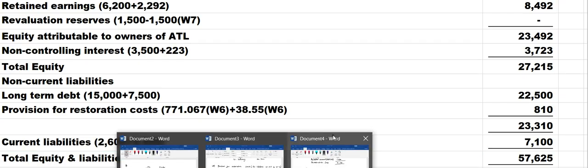Then we have a similar sized company, and then we also have the industry average. The first ratio is the acid test ratio. The acid test ratio is the same as the quick test ratio.